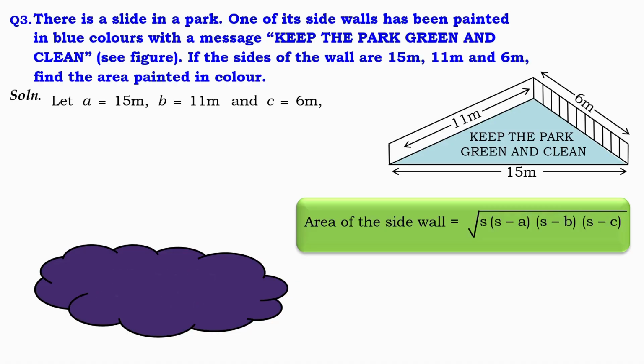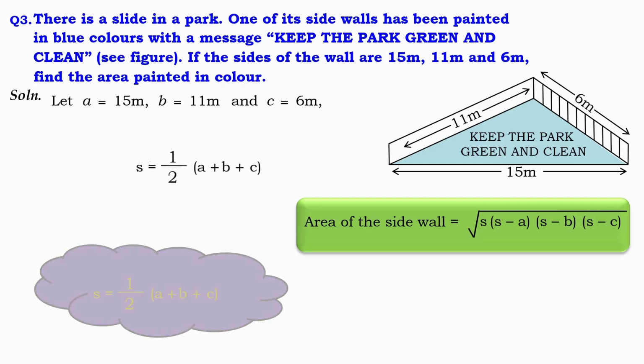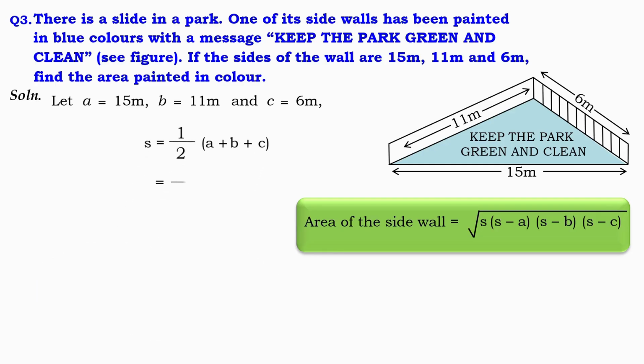That is equal to A plus B plus C by 2. So first we are going to find out the S value. We will replace all the A, B, C values over here, which is coming 1 by 2 into 32, which becomes 16 meter.